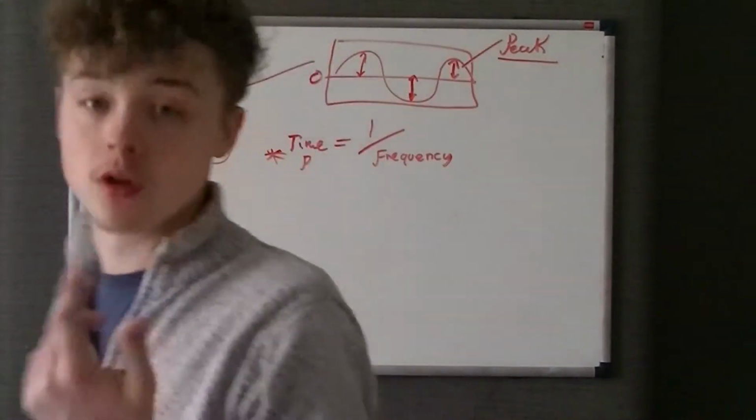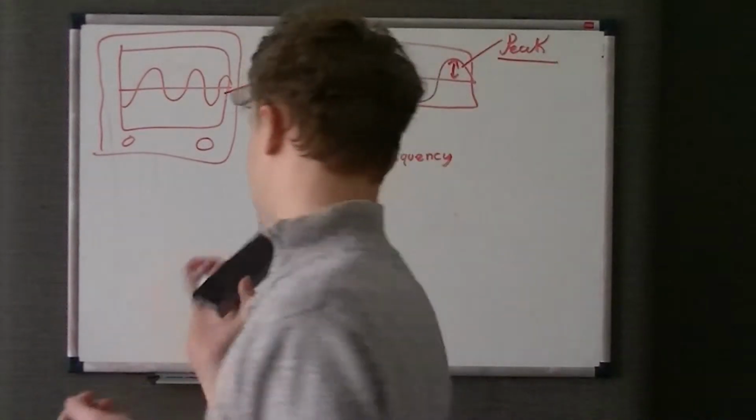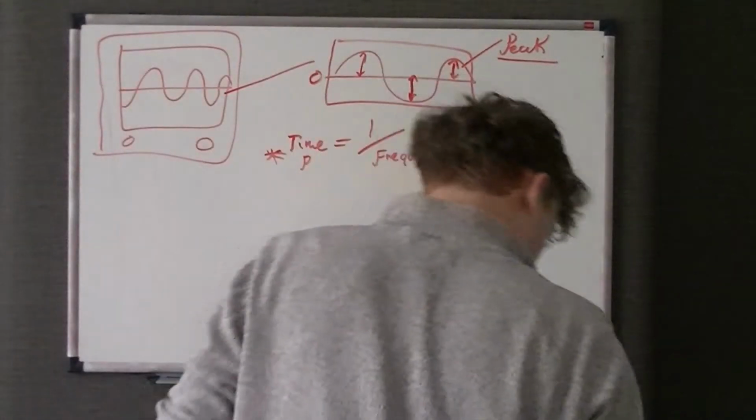We did explain it in one of the chapter 5 videos, even though that was direct current. This is alternating current, which is slightly different.